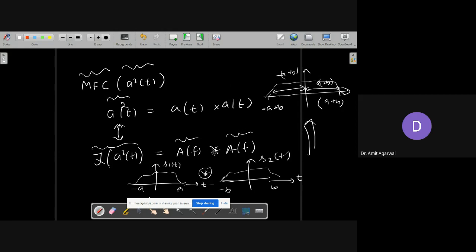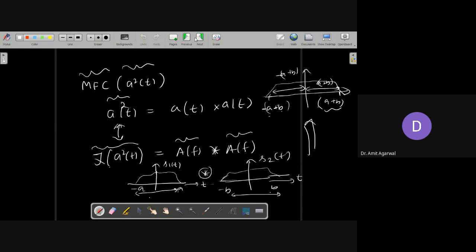And there is a property of the convolution operation that if you convolve two signals, one with support minus A to A and the other with support minus B to B, the resulting signal will have support from minus A plus B to A plus B. So this is the support of your resulting convolved signal.